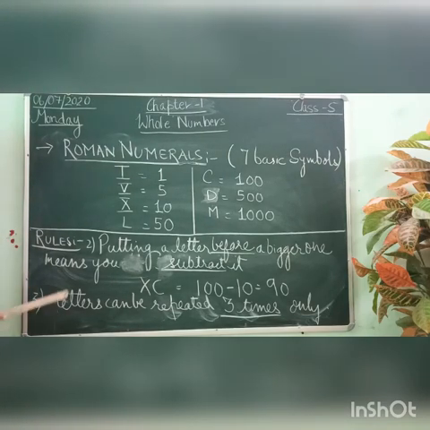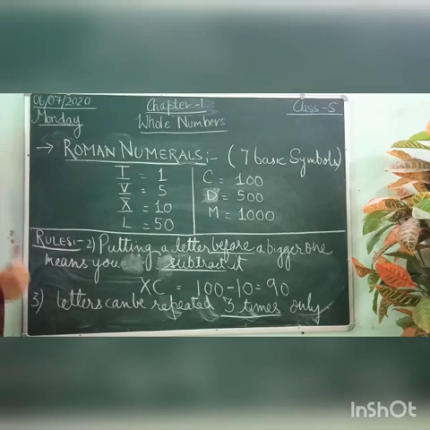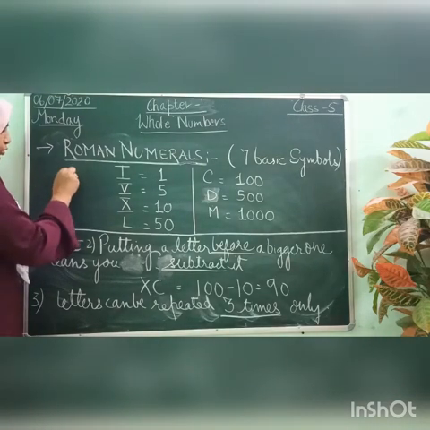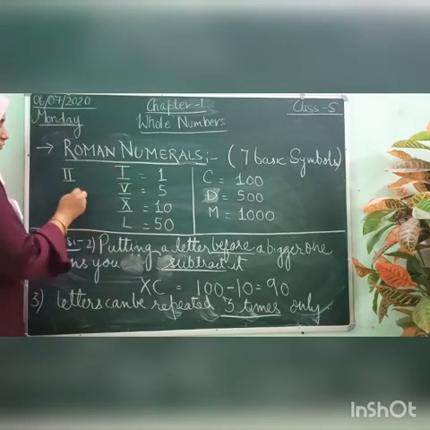The third rule is that some of the letters can only be repeated. But how many times can they be repeated? They can only be repeated 3 times, isn't it? If you remember, when you were in class 1, you wrote only I. When you went to class 2, you wrote II. When you went to class 3, you wrote III.